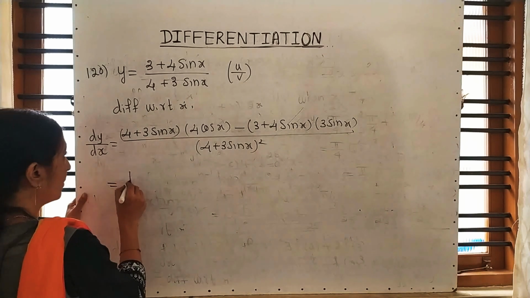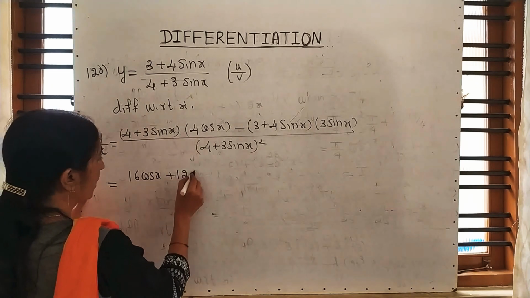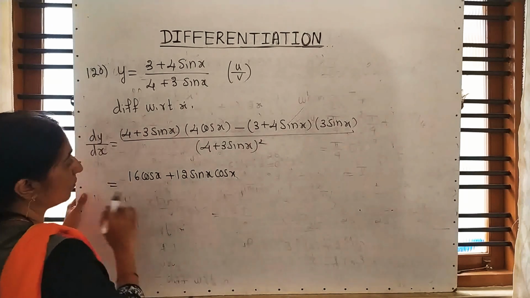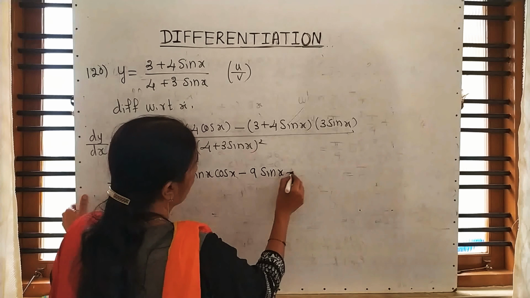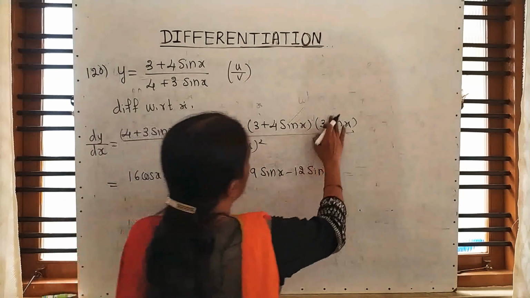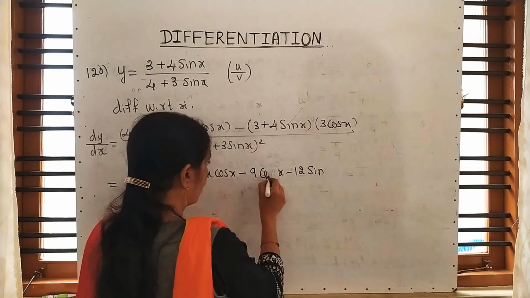Now I have removed the bracket. 4 cos x plus 12 sin x into cos x. Sorry, 16 cos x. Next, minus 9 sin x minus 12. Differentiation of sin x is cos x. So this is also cos x.